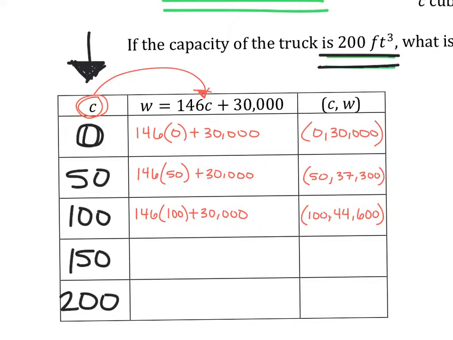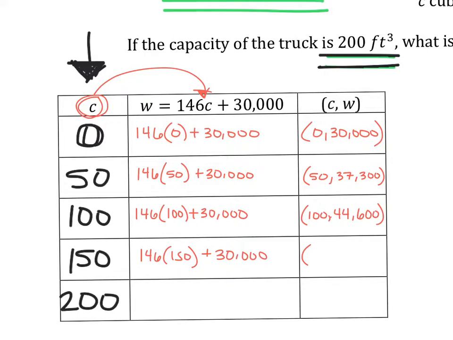In the future, you don't have to do this whole part, right? You just have to give me the X and the Y. I don't need to see all of it, so you don't have to write it all out. But for now, we're going to do it just so we know what we're looking at. Next one would be 146 times 150 plus 30,000.